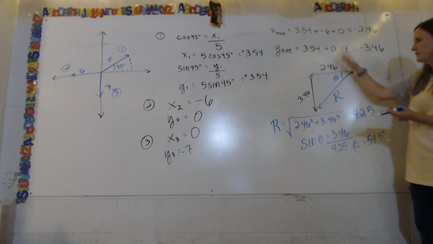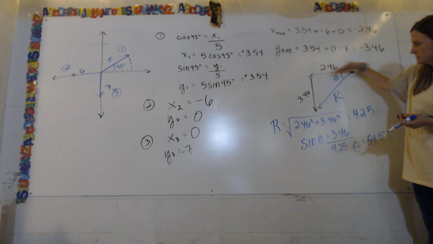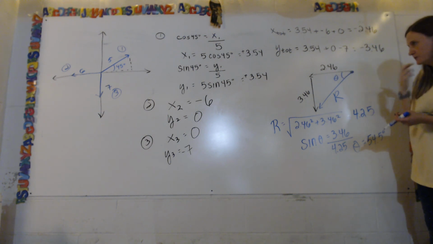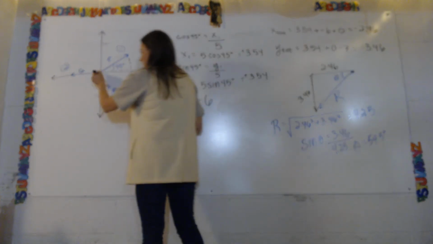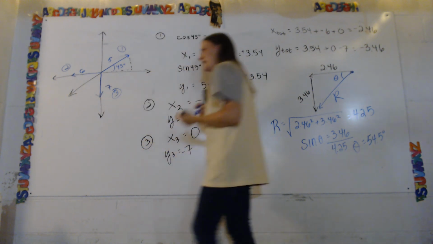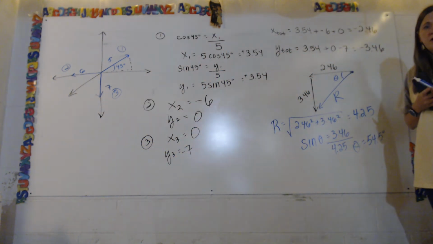Now, what direction is it? 54.5 degrees below the negative x-axis. Just look at the way I drew the triangle, or south of west. So if I add these 3 vectors, I end up with an answer that's pointing kind of down like that. And that makes sense. That seems feasible, especially when you look at the magnitudes. Okay, so that's it.